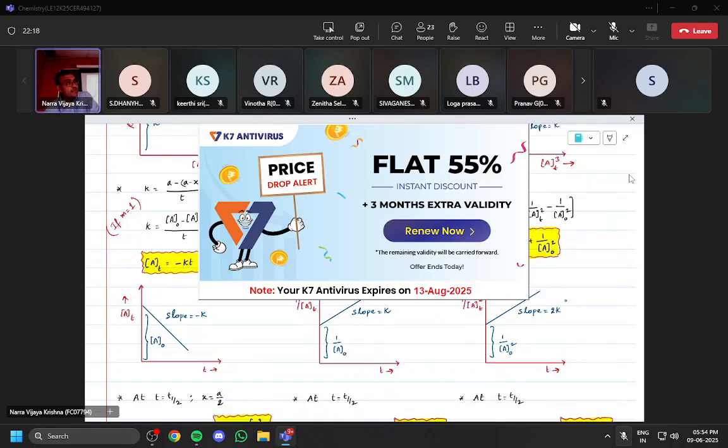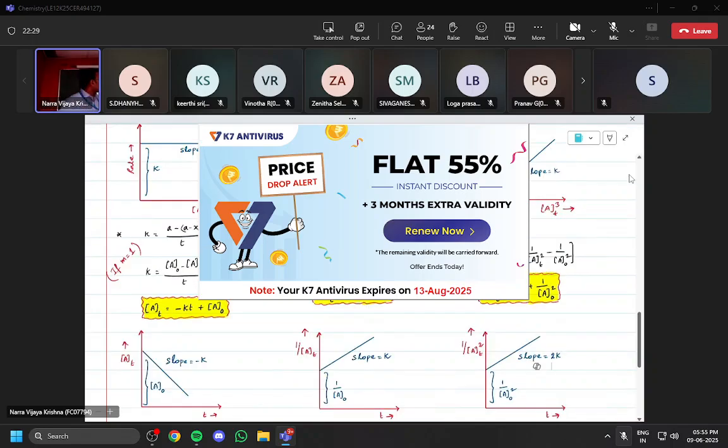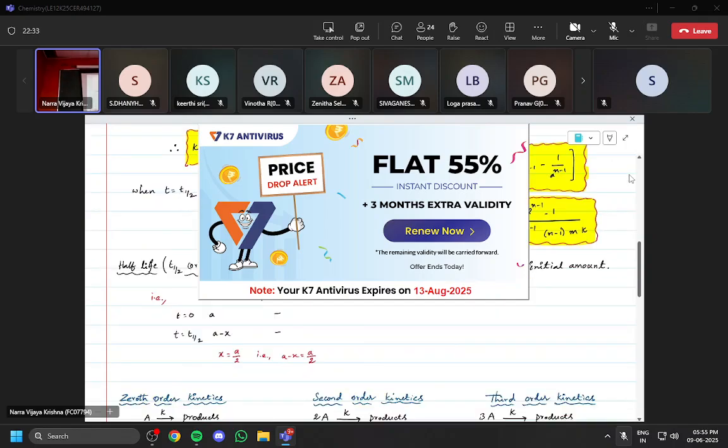Correct or not? Simply substitution, nothing there. Now if t equal to t half, what do you write? When t equal to t half, instead of x, I will write a by 2. Substitute x equal to a by 2 here. For t half, 2 power 3 minus 1, so 2 square means 4, 4 minus 1, 3. 3 upon a naught power 2.